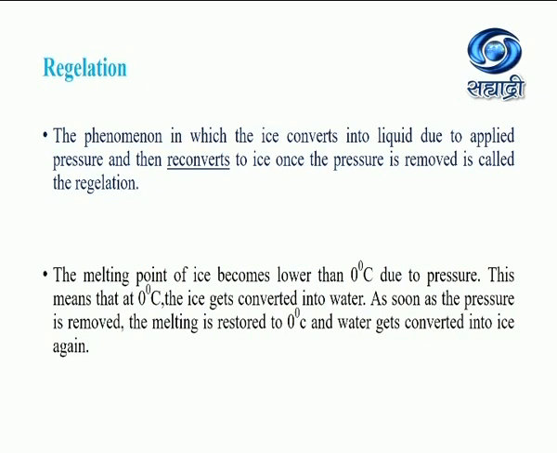This means that at the pressure applied, ice melts into water. As the wire goes down, pressure is removed and melting point of ice is restored at 0 degrees Celsius. Thus, water gets converted into ice again.